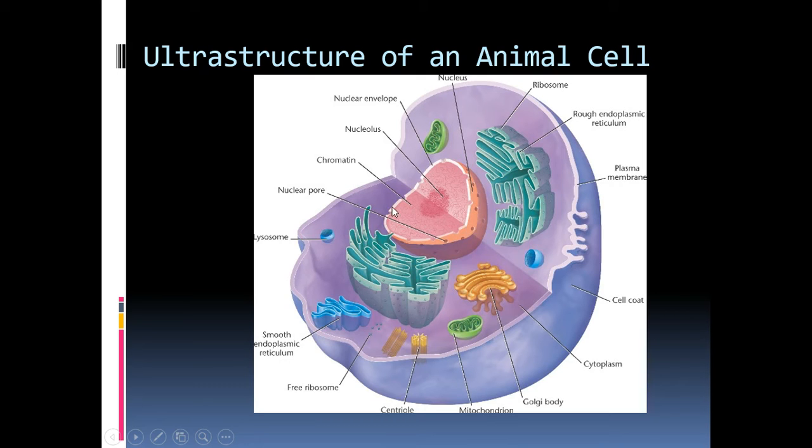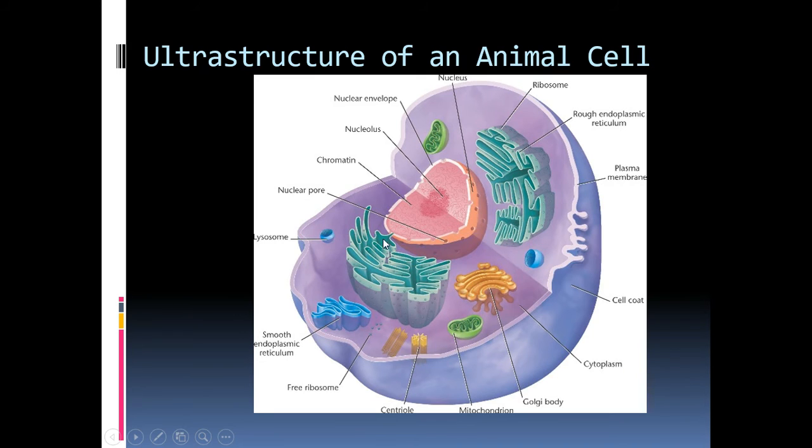You have the largest one in the middle, known as the nucleus, and inside the nucleus there are the genetic components known as the chromatin or chromosome, and there is also a nucleolus here. Just outside the nucleus, you can see a structure known as the rough endoplasmic reticulum.